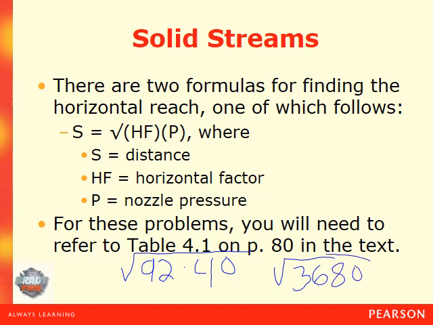So in order to get our distance, we need to get the square root of 3,680. And that's simply a number times itself is basically a square root. So go find the square root button on that magical calculator that I'm sure all of you guys have. And then the answer comes out to be 60.7 feet.